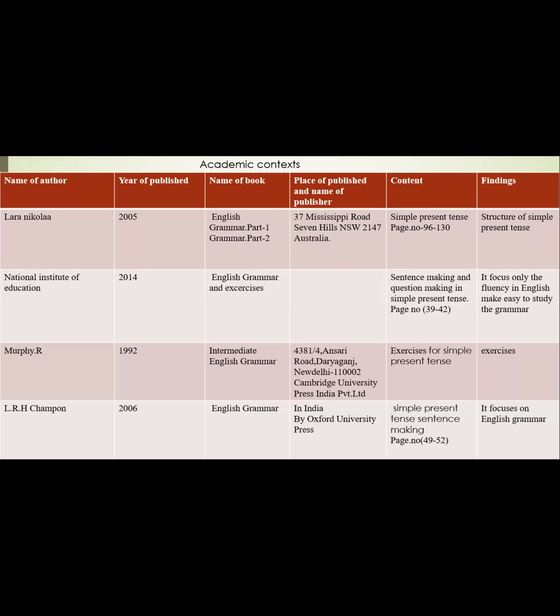And Murphy R., year published 1992, Intermediate English Grammar, exercises for simple present tense. LRF Champion 2016, English Grammar, simple present tense sentence making, page numbers 49 to 52. It focuses on English grammar.